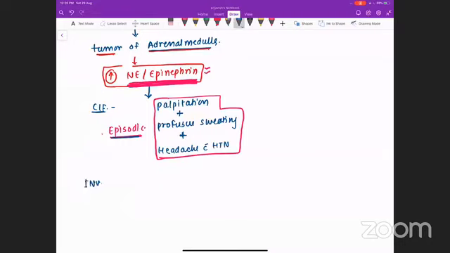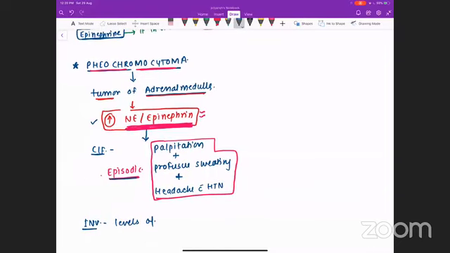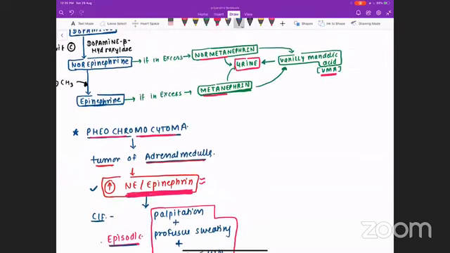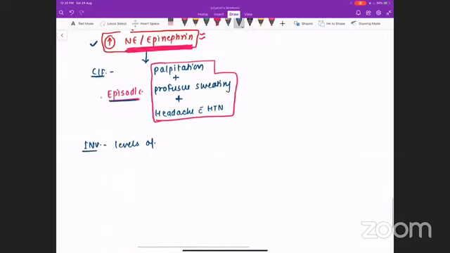The investigation that you can do is check the levels of metanephrine, normetanephrine, or vanillyl mandelic acid, because we have written that the excess norepinephrine and epinephrine can convert into these three molecules, and these three molecules will come in urine.